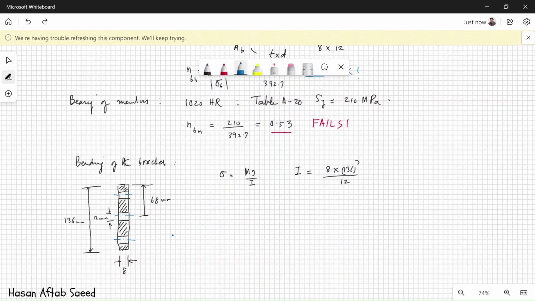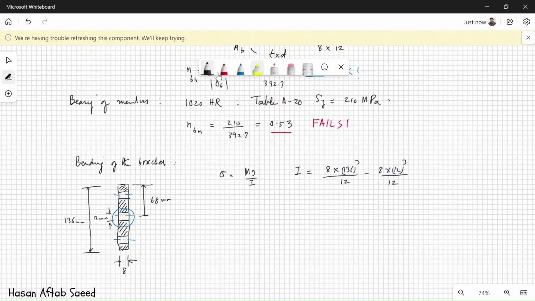Now we need to cater for the 3 holes. First of all, taking the center hole, this one, we subtract 8 into 12 cube over 12. It's simple enough.